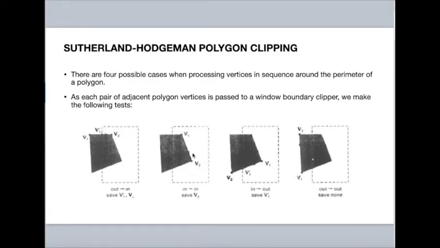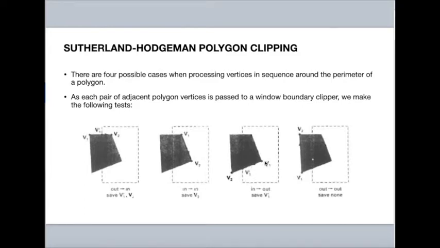The third case that can happen is when the vertex v1 is inside the window boundary and the second vertex v2 is outside the window boundary. In that case you have to find the intersection vertex v1 dash and you save only v1 dash.